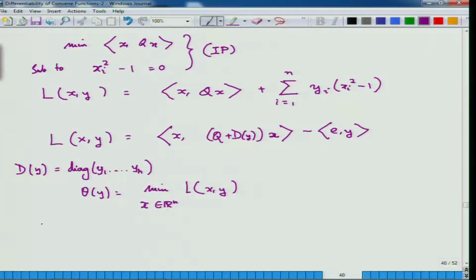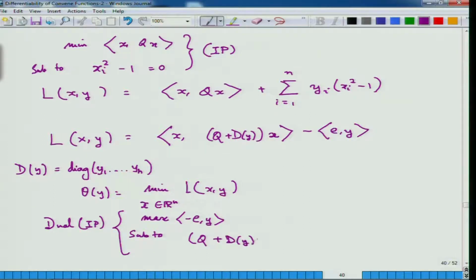Which means my dual problem, dual IP, is given as the problem of maximizing minus e transpose y subject to the linear matrix inequality. So, this is also a semi-definite programming problem, because it is in the form of the dual of an SDP problem, and the dual of an SDP problem is also an SDP problem. The dual of IP is an SDP problem.